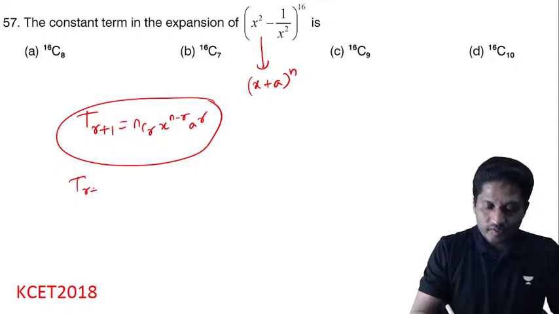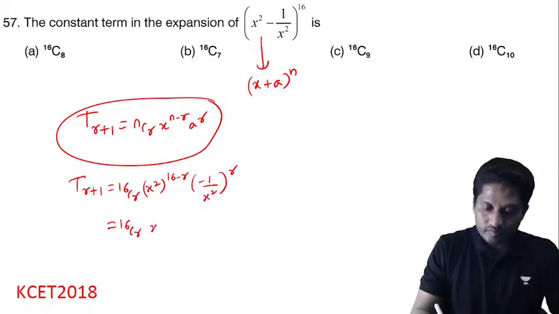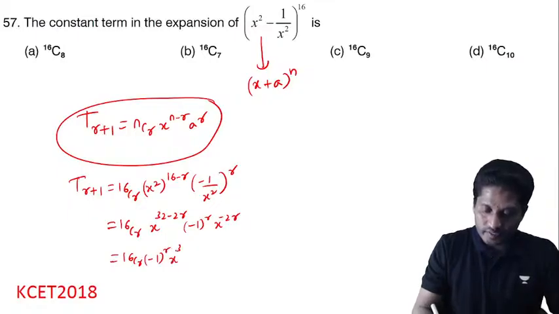So T r plus 1 is equal to 16Cr, x square whole to the power of 16 minus r, into minus 1 by x square whole power r. So 16Cr to the power of 32 minus 2r, minus 1 power r, x power minus 2r. 16Cr minus 1 power r x to the power of 32 minus 4r.